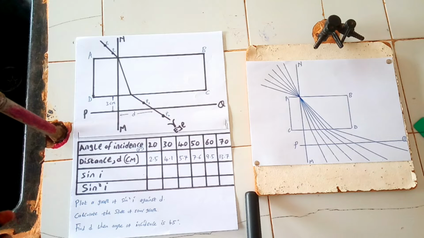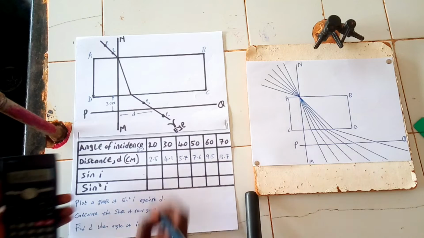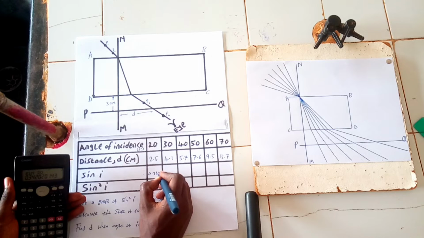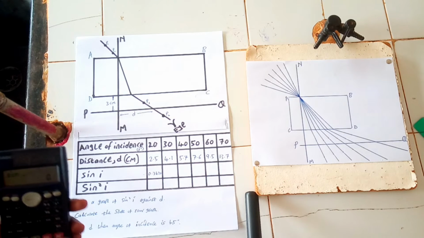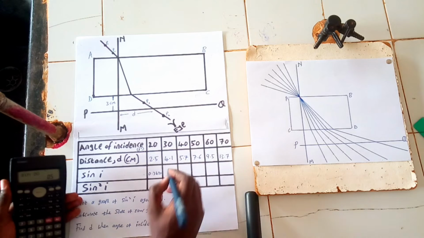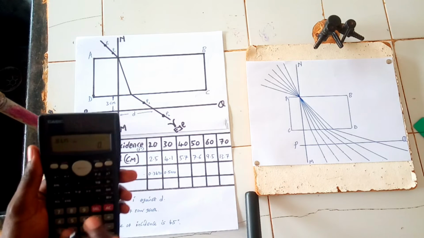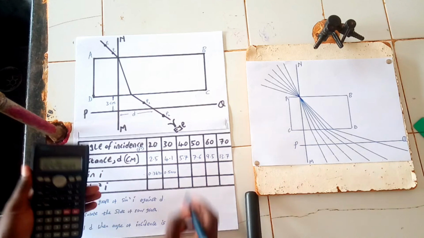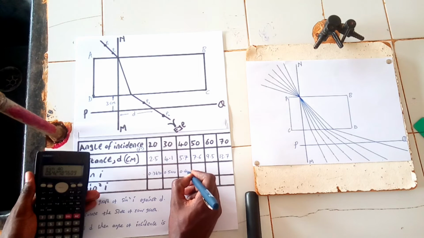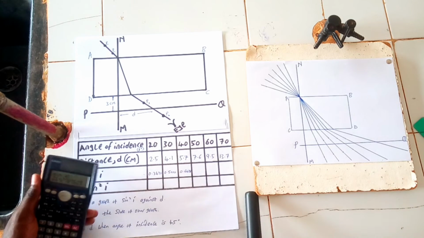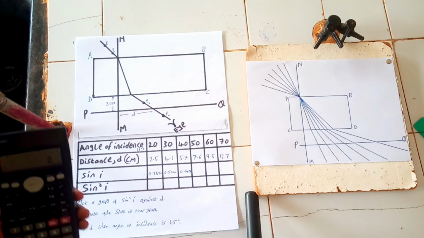So we have sine 20, that is 0.3420. Sine 30, 0.500. Sine 40, 0.6428. You are filling in 4 significant figures from the calculator.